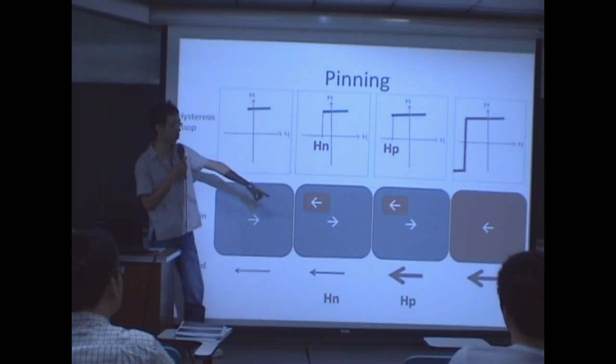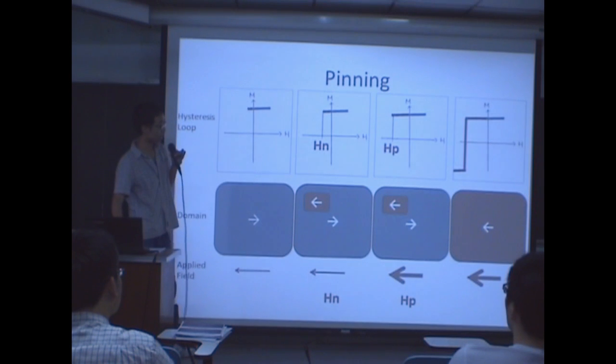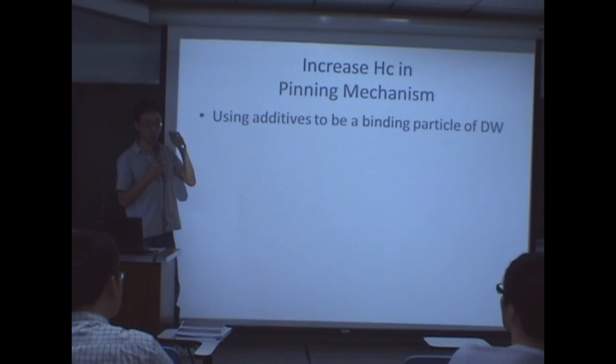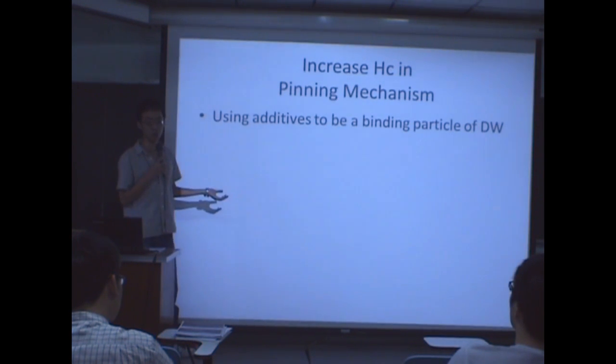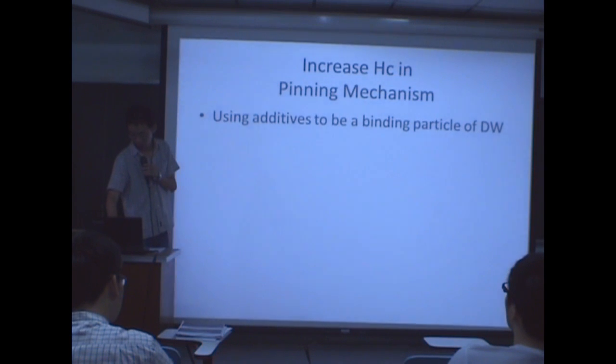And once it reaches the propagation field, the opposite domain propagates to the entire material. So in the pinning mechanism, we want to focus on the propagation field. And researchers found that you can use additives to bind the domain wall from motion. So we can use additives to have higher coercivity.